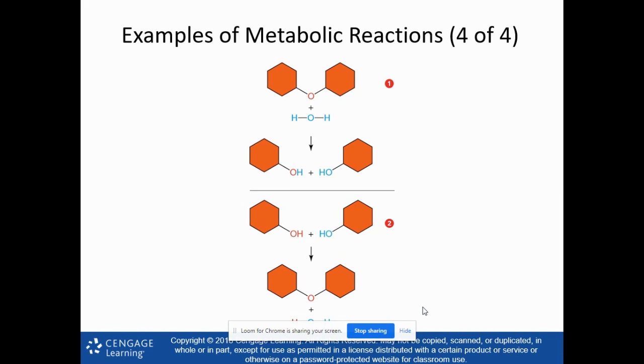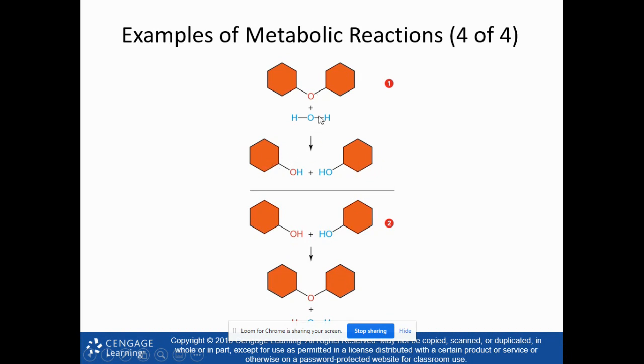So here you have, what type of reaction is this? The easiest way to look at it is to say, where's the water? If the water molecule is a reactant, so on this side of the arrow, these are the reactants and these are the chemical reaction products.